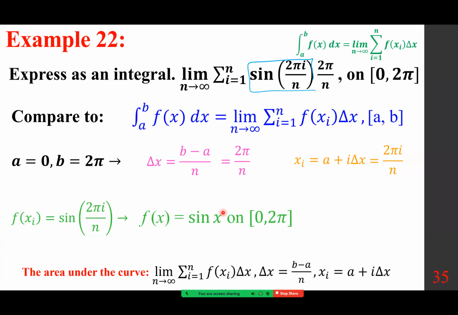Again, all you have to do is replace this with this, and it gives you back the function. So this is the reverse process, everybody. So the integral of f of x, which is sine x, dx from a to b, 0 to 2 pi. So pretty straightforward, everybody.